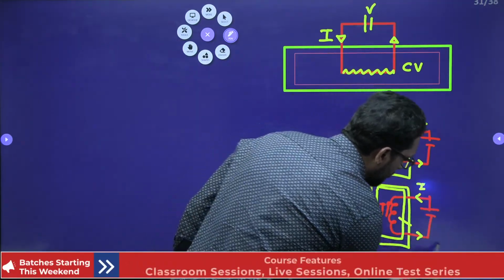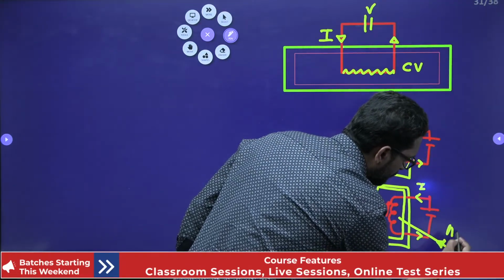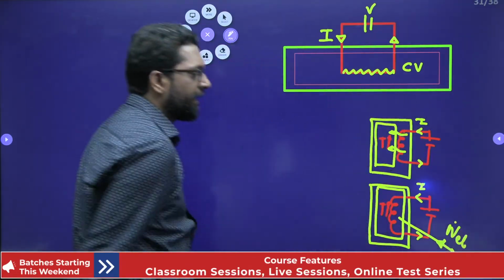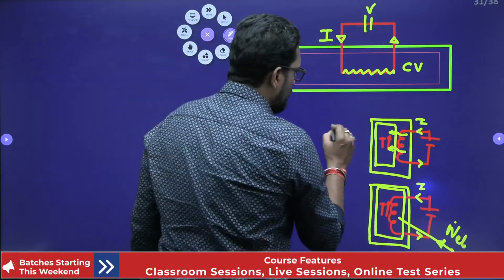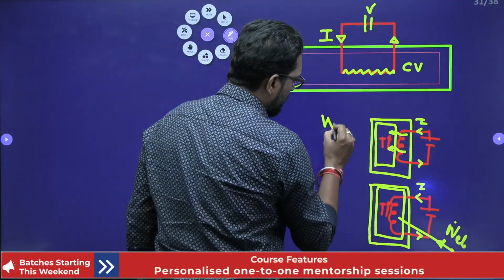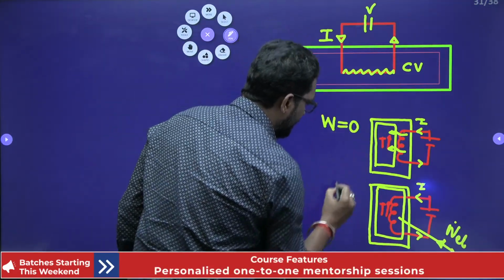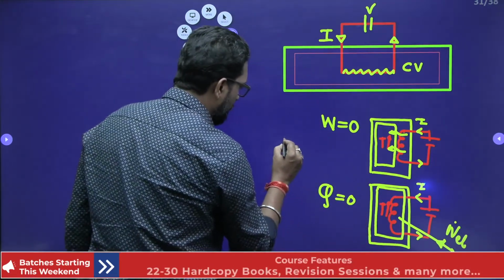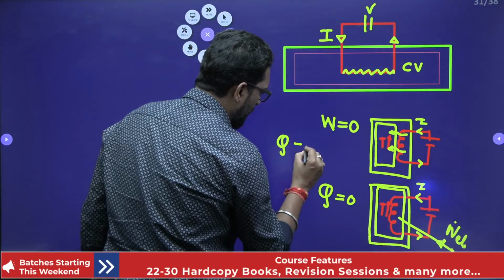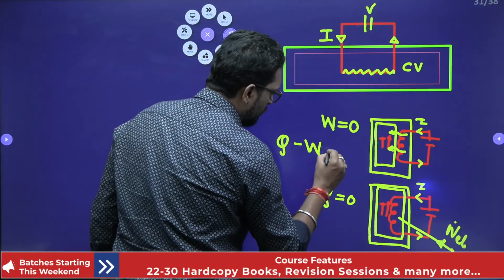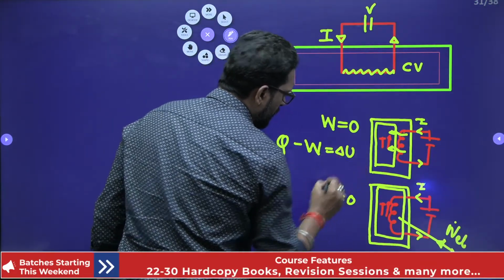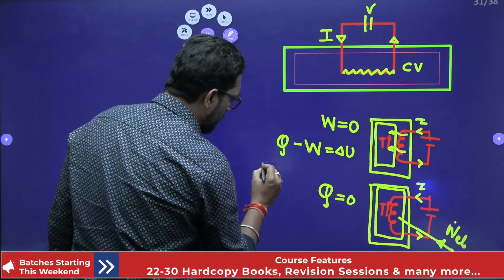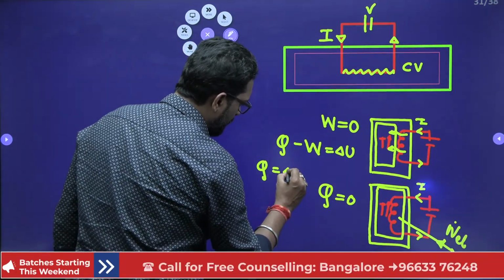So in this one, there is electrical work. In this case, the work effect is 0. In the other case, the heat effect is 0. And we know the first law of thermodynamics: Q minus W is equal to delta U. In the first case, W is 0, that means Q is equal to the change in internal energy.